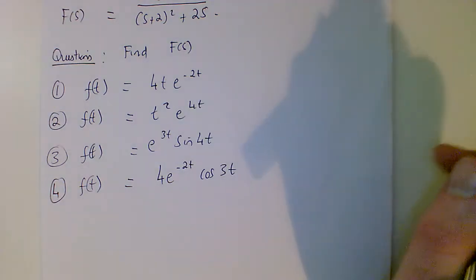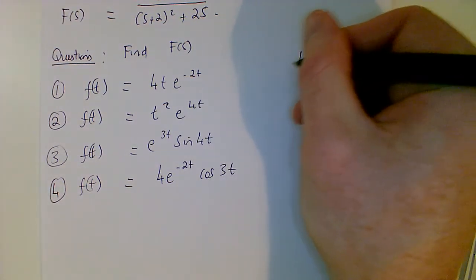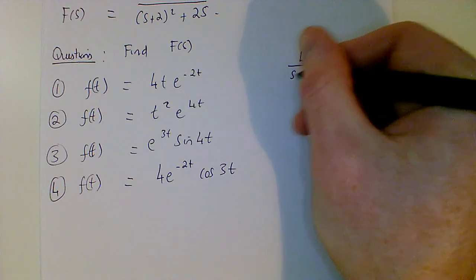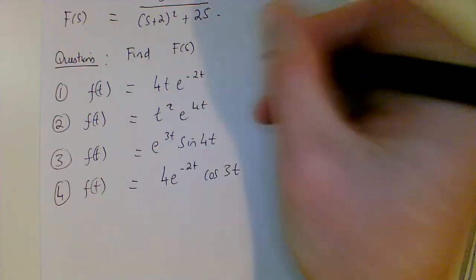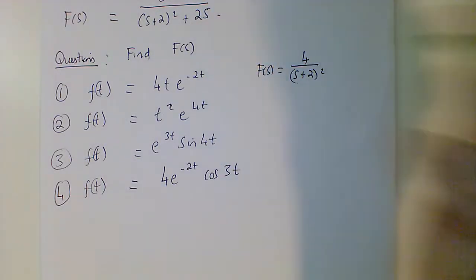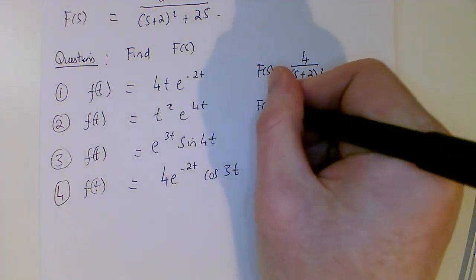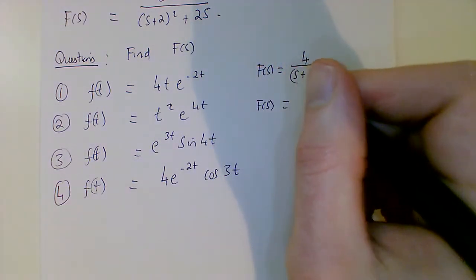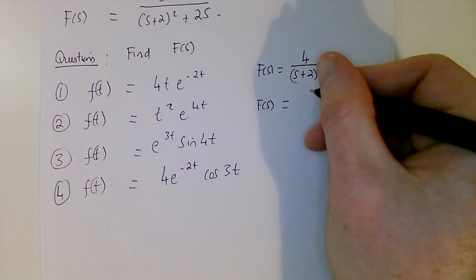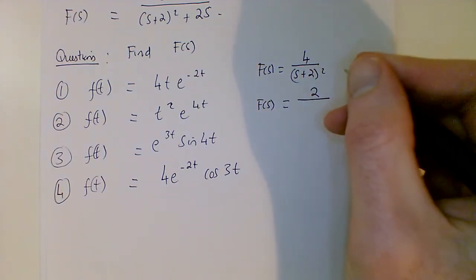Right, okay, so the answer to this one here is 4 over s plus 2 squared. I'd expect you to do working for these. I'm just putting these down so you know if your answers are right or not.